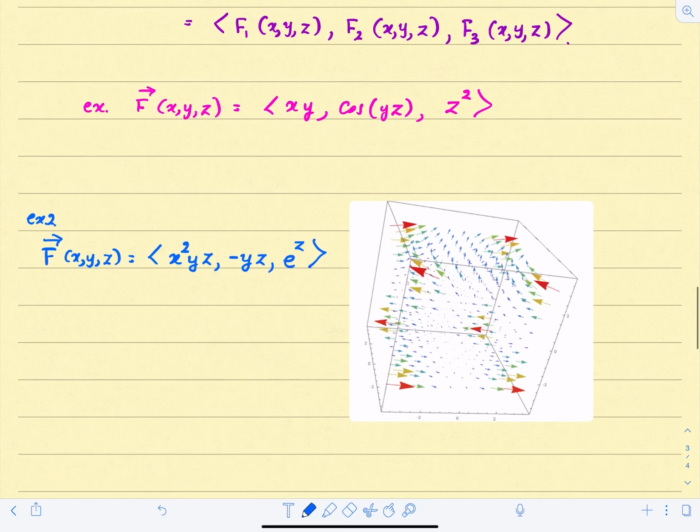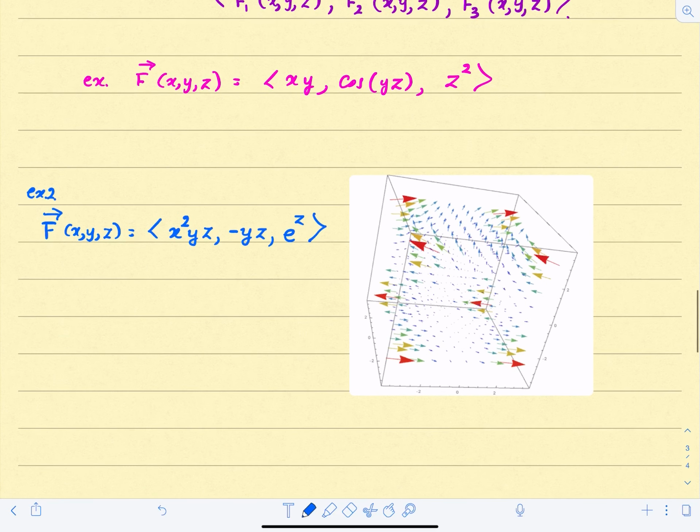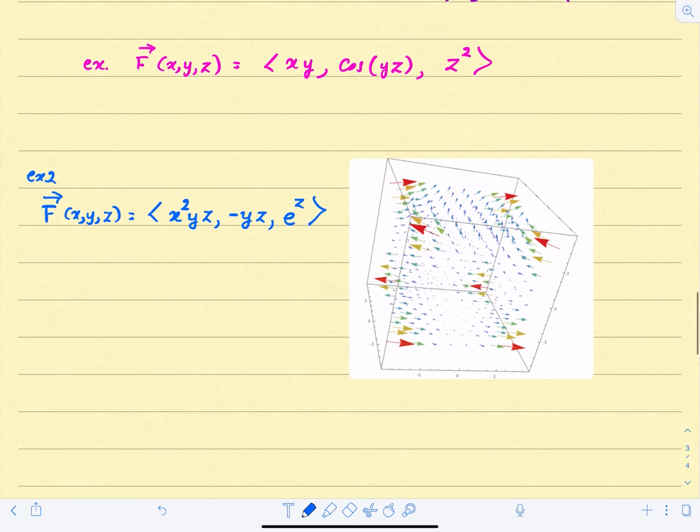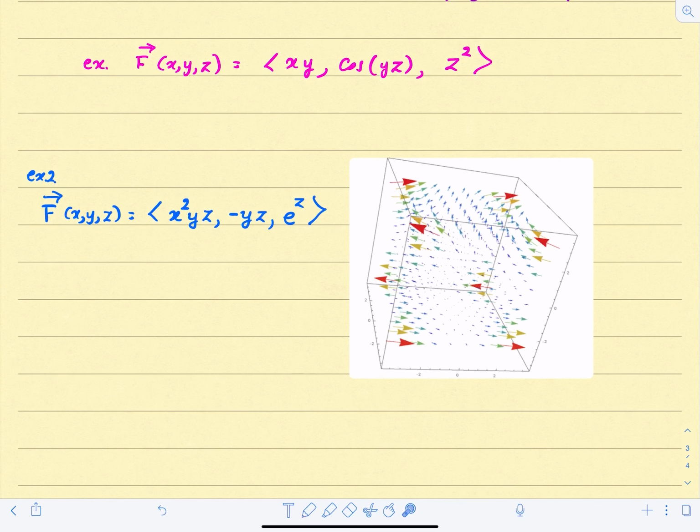So this is an example of a vector field in three-dimensional space. As you can see, at every point in R3 we have a vector that points in a specific direction with a specific magnitude.